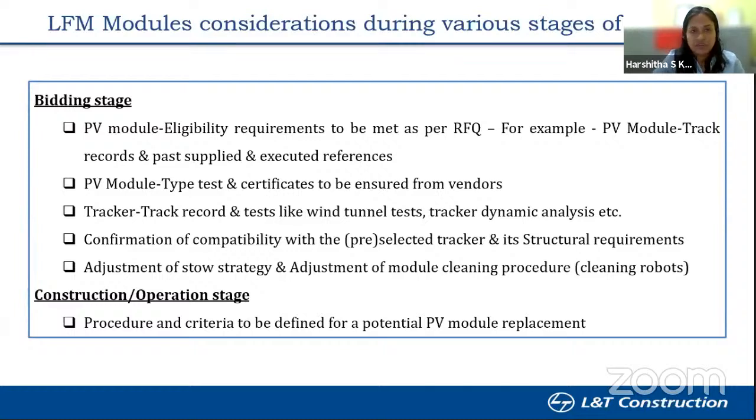And if at all we have gone ahead with 400, will the manufacturers still be producing those modules in future, especially from a module replacement point of view? That will also bring up one challenge, especially during the wind-up stage. In case these modules become obsolete, how do we handle that? And during replacement time, how do we adjust the existing design to suit those higher wattage modules? That also becomes a point of concern for the developer as well as the EPC.